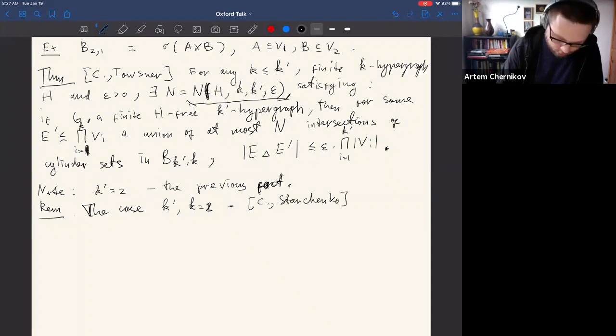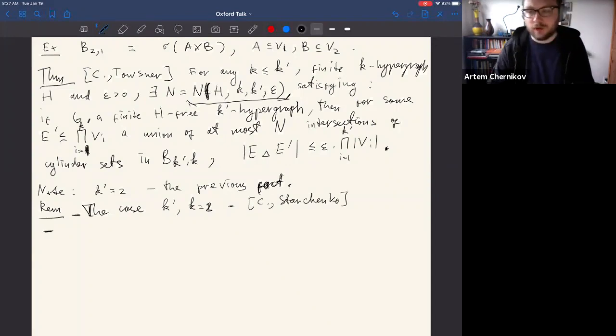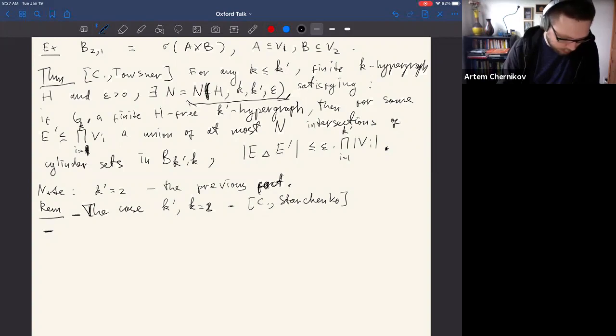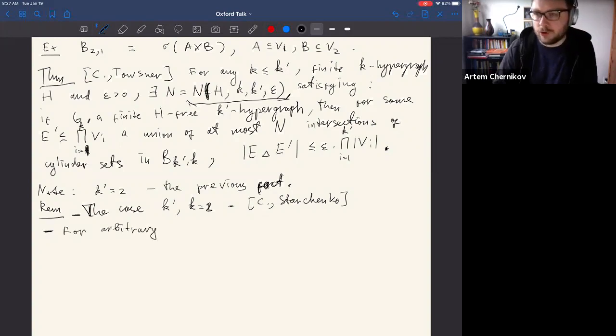Also, the theorem is proved at a much larger level of generality. This is essentially a measure theoretic result, so it works for arbitrary measures on vertices. Here I stated it for uniform measure on the vertices, in this counting bound, but it works with an arbitrary choice of measures on the vertices.